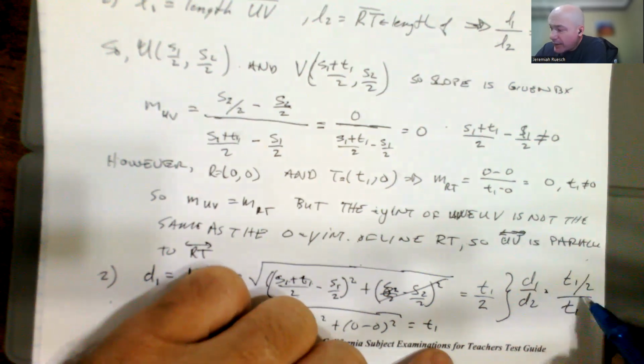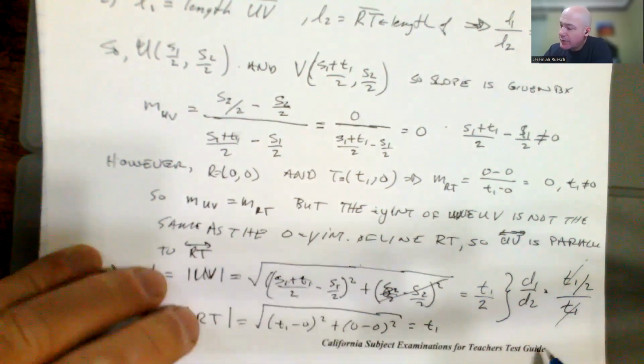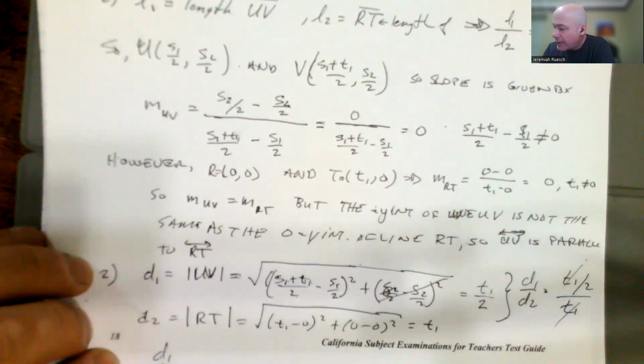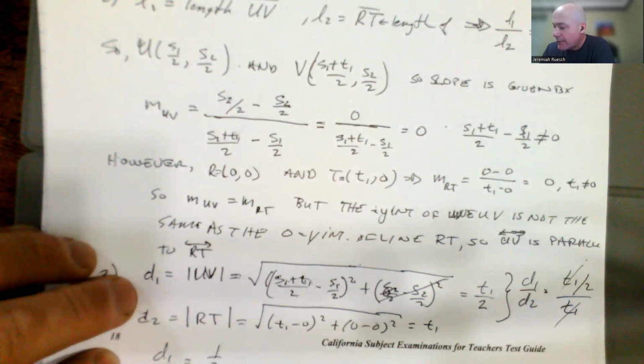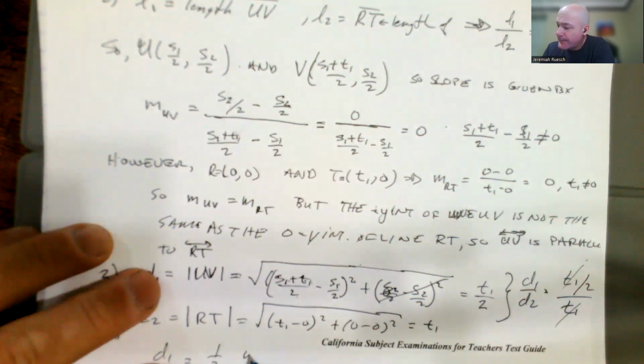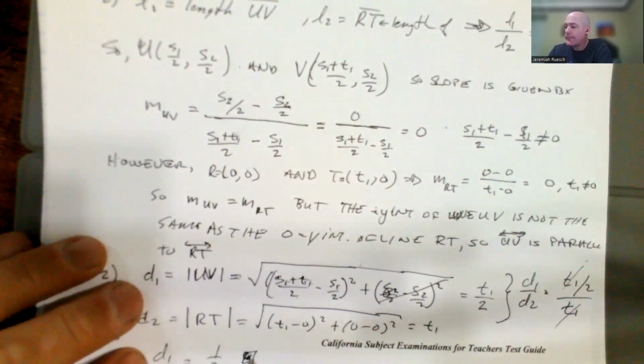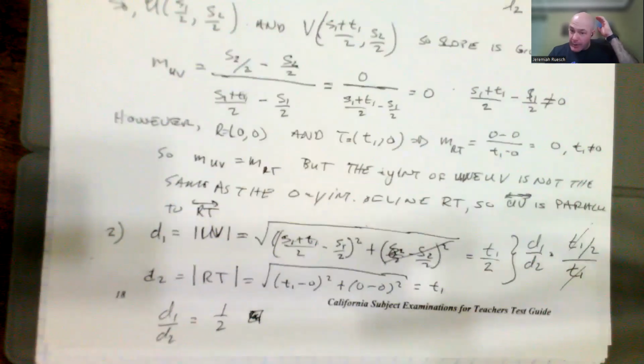Okay, so the T1s cancel, and you're left with the ratio of D1 to D2, which is equal to 1/2, which is what we wanted to show. Okay, all right, I hope that was helpful, and I'll see you on the next video.